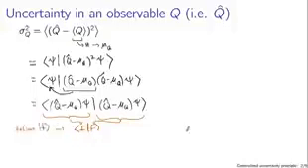Now, in the context of uncertainty principles, we can always have determinate states. Any of the eigenstates of this Hermitian operator Q are going to have a certain value of Q. So it's certainly possible for sigma sub Q to be equal to 0. But if we have a second observable, that's where we start talking about uncertainty principles.